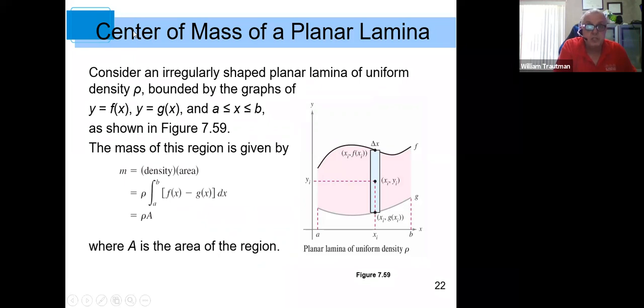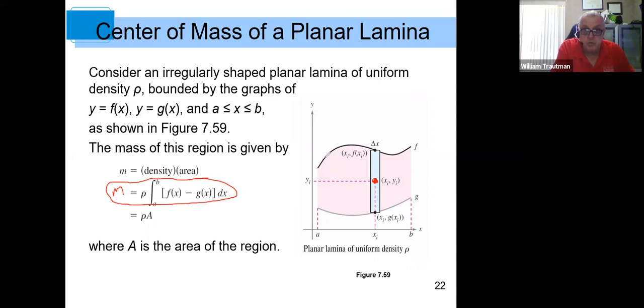If you look at this formula, if we want to find the center, let's say it's right here, this balancing point.